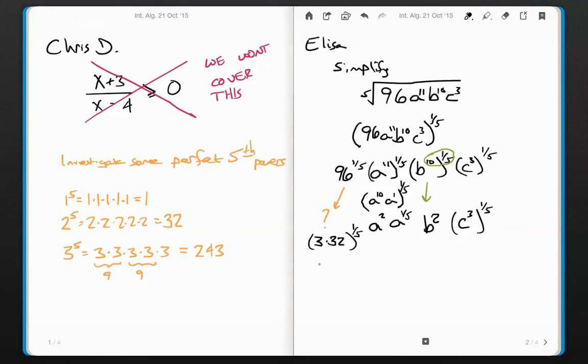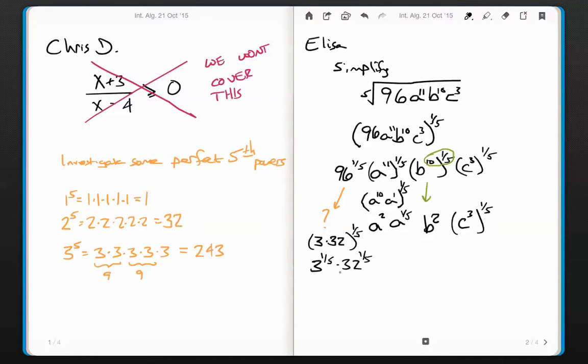Right? Why do I write it like that? Because then I can change this to 3 to the 1/5 times 32 to the 1/5.